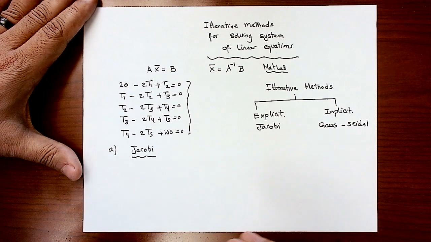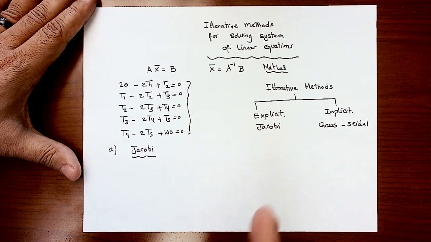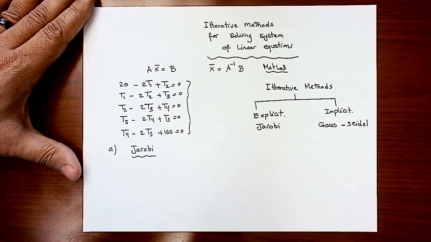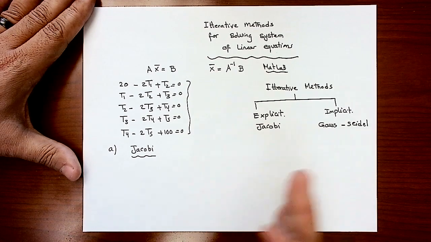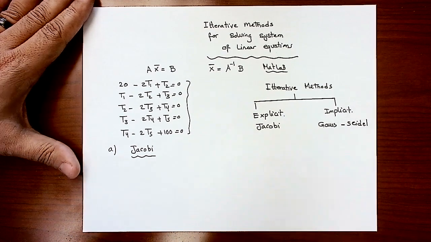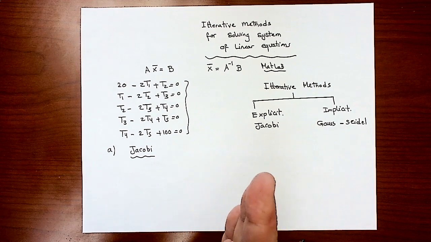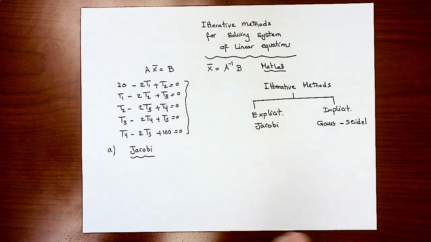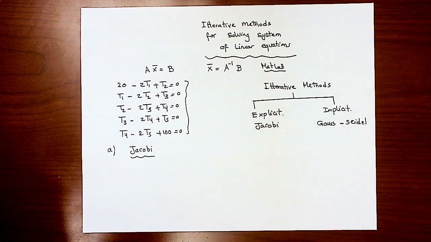Explicit means that when you calculate the data at a specific iteration or specific time step or whatever you are doing, you just need the previous set of data you obtained in the previous step. So you are marching one step at a time. To calculate the current data, you need the data before.